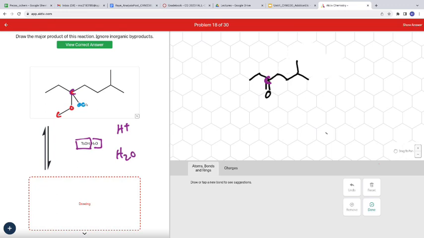What happens is our oxygen will pick up an H plus, and because nothing else is really mattering out there, I'm going to just draw that structure. With our H plus, the oxygen doesn't want to be positive, so what does it do? It takes the electrons, leaving behind a positive carbon.